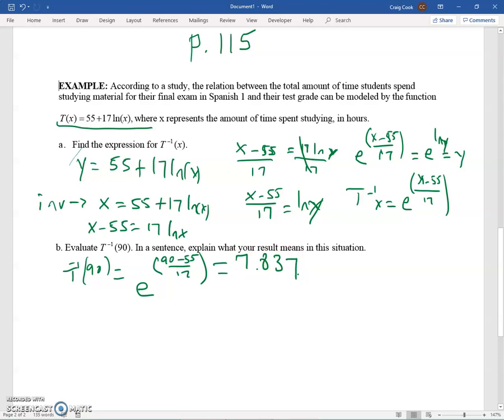And the function itself took our study time and gave us a score. Well, the inverse function will take a score and give us a prediction for our studying.